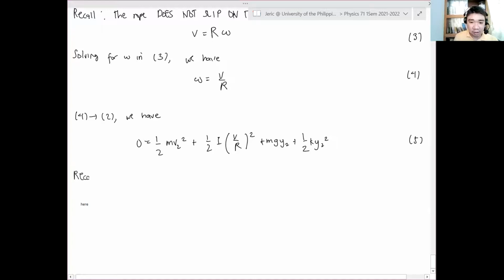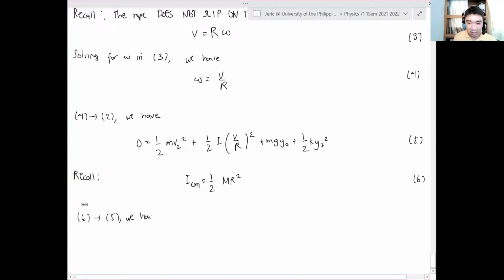Now, recall that the moment of inertia for a uniform solid disk is I_CM equals 1/2 M R squared. So this is equation 6. And then I substitute equation 6 into equation 5.